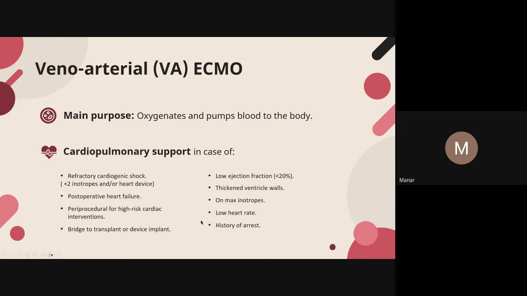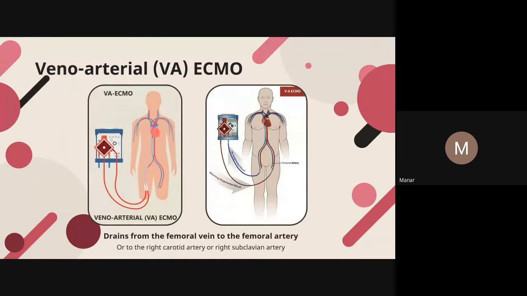As for the criteria, when the patient has low ejection fraction, like less than 20%, thickened ventricle walls, is on max inotropes, has a low heart rate, and has a history of arrest, he can benefit from venoarterial ECMO. Those two pictures show us where the cannulas go.